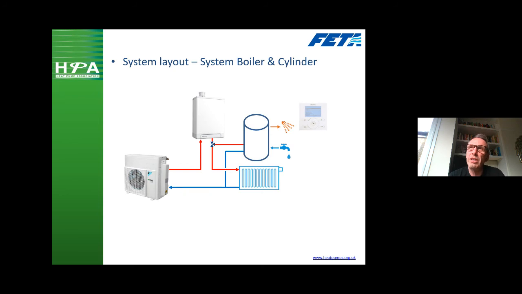So there's a number of ways we can use a hybrid or bivalent system as a combi with somebody else's boiler, or as a system boiler with a cylinder. So it gives us a number of options.